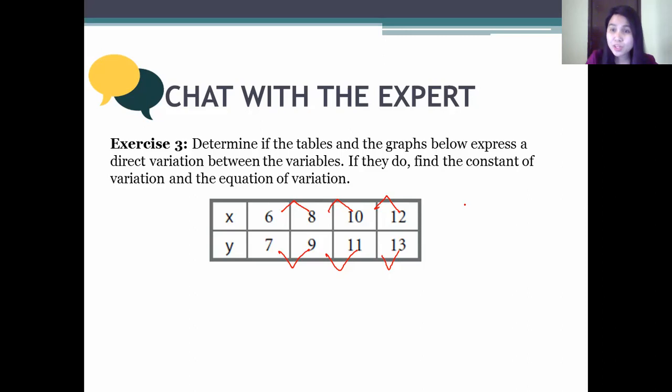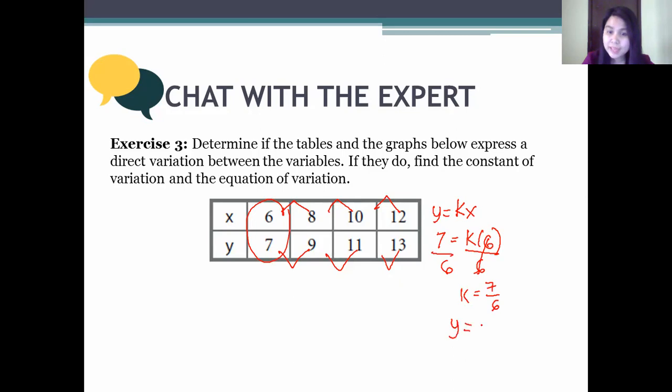You will solve for the constant of variation first. So we say y equals kx. Let's start with the 7 and 6. 7 equals k times 6. Divide all by 6. So k equals 7 over 6. If it's a direct variation, then we can have it as y equals 7 over 6x. Let's start substituting.